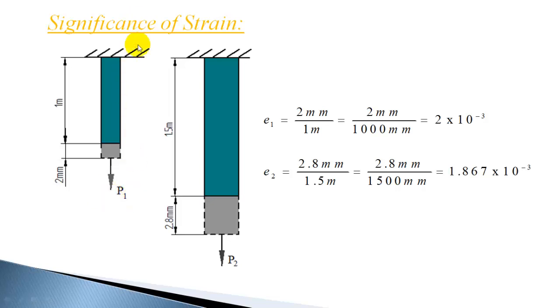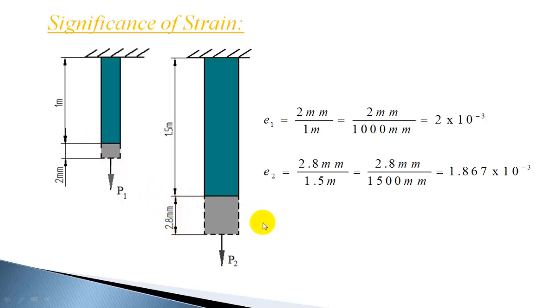This deformation is in 1 meter length and this is in 1.5 meter length. This may be of different material and the forces may be different. We are only comparing the deformation produced. So total deformation, this bar is undergoing maximum deformation, no doubt about it, because it's 2 mm, this is 2.8 mm.